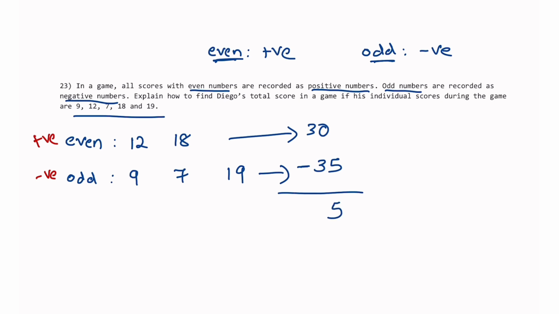Larger minus smaller, 35 minus 30. And the sign of the larger number is minus. So that's the answer, minus 5. So that's how you solve this question. Okay. So it was just making sure that you're putting the signs properly and you're able to categorize them. And then you simply add them as you normally do. So that's how we solve this question.